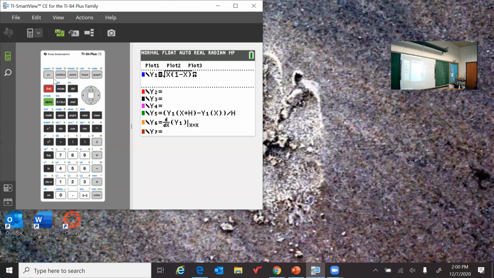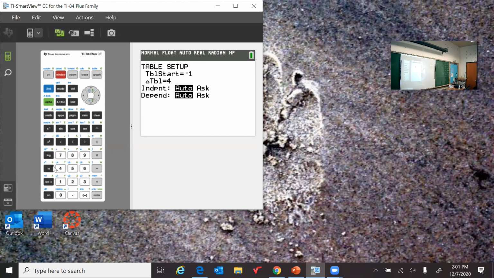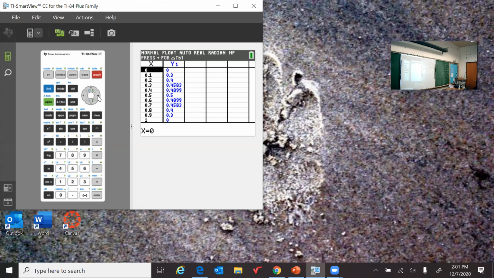Yes, and I go to table set. Start at 0, make your delta table 0.1. This is the numerator, remember? The greatest numerator is here. The value is 0.5. So you don't need the calculus if you can use your calculator to see that that's confirming that 0.5 is what we're going to use.